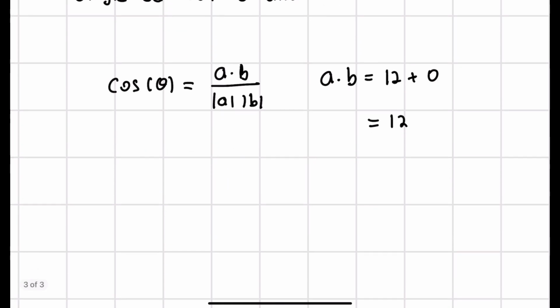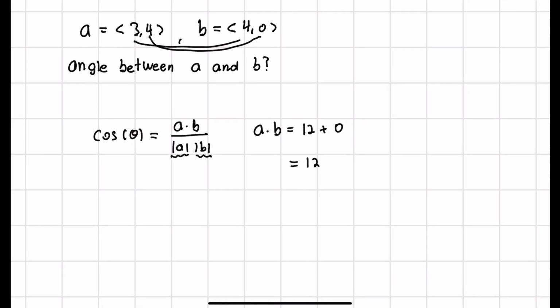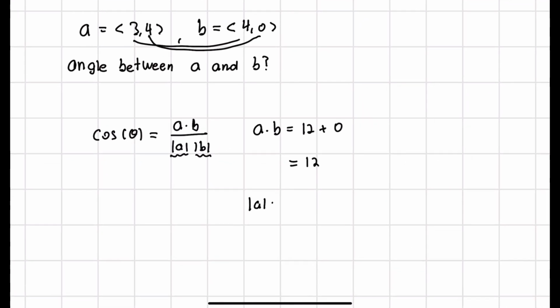Now let's calculate the magnitude of A and the magnitude of B. So the magnitude of A is equal to the square root of 3 squared plus 4 squared, and this is equal to 5. The magnitude of B is equal to the square root of 4 squared plus 0 squared, and this is equal to 4.